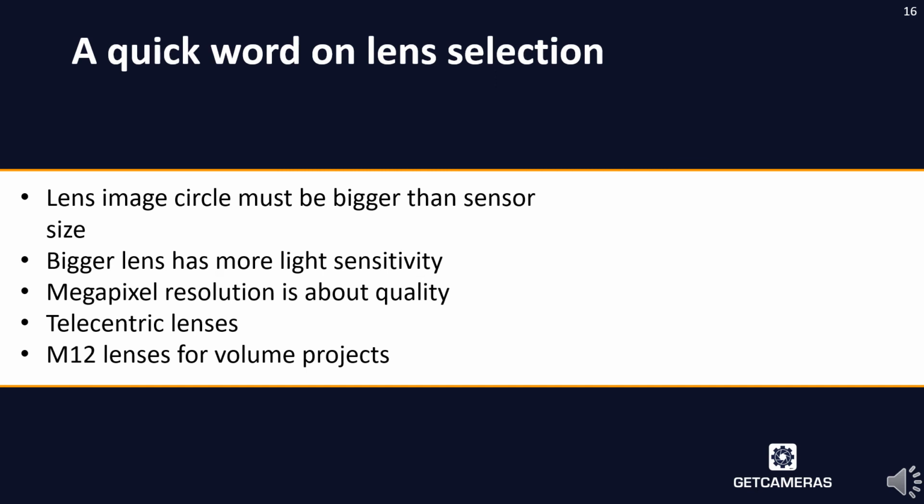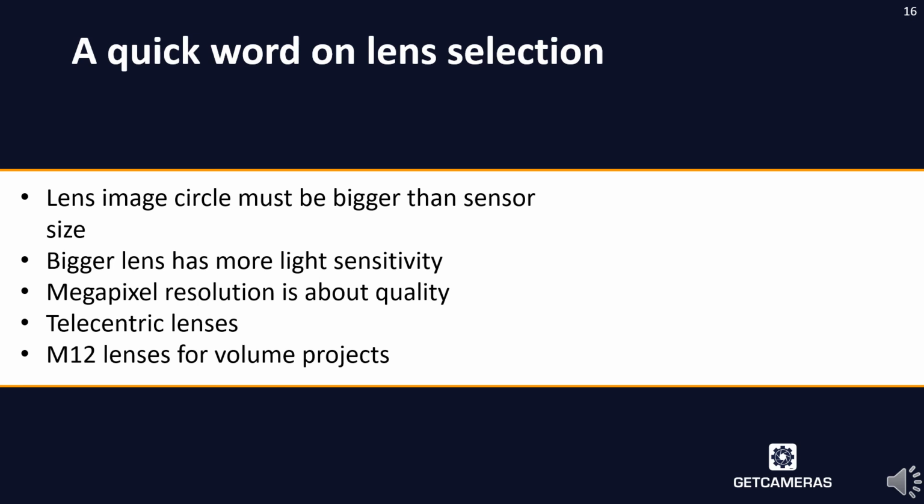That's why, for example, a bigger lens for a bigger sensor has got f1.4, while a 1.8 inch lens has got f2.8. So if you go a little bit bigger, you will have better light being captured. But of course, the price also is slightly higher.